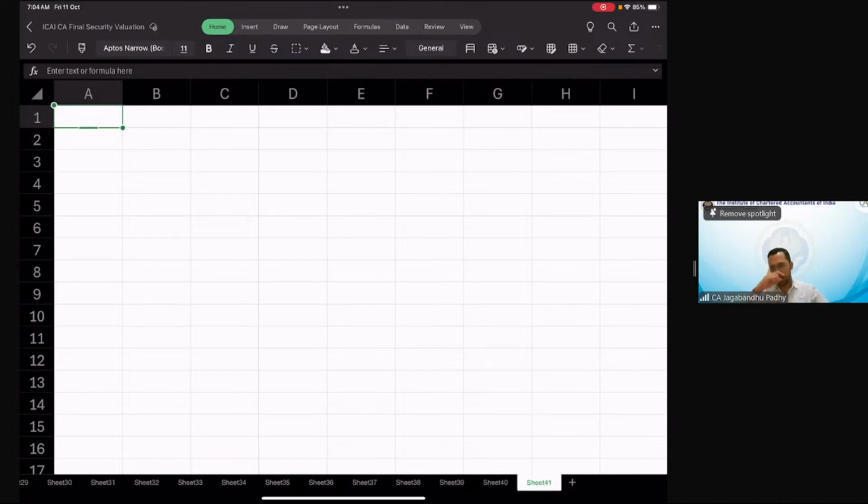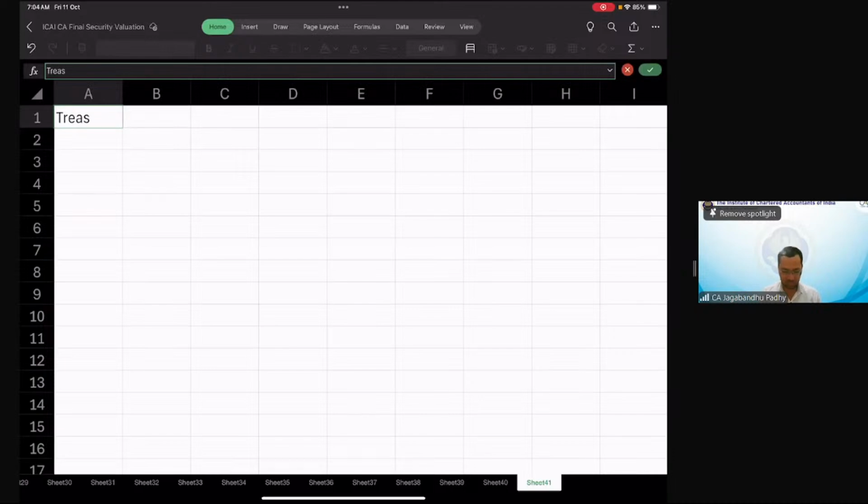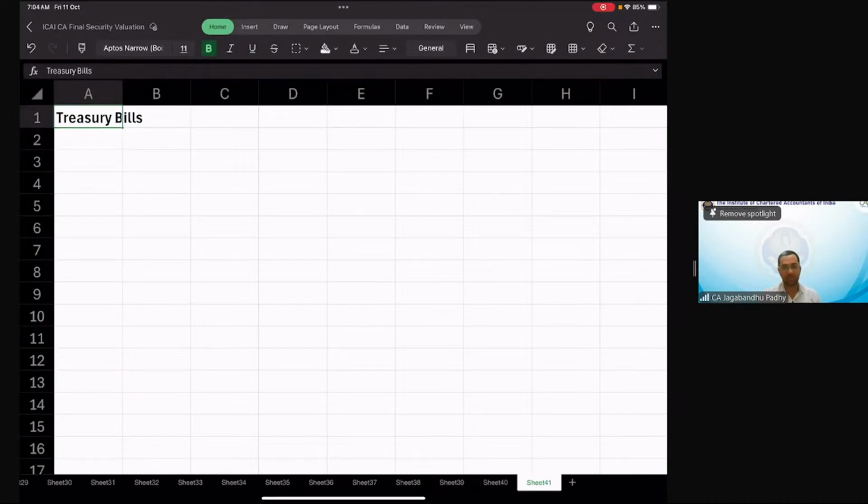Now, in the money market instruments, you might have heard something called as treasury bills, right? Treasury bills. Have you heard of this term, treasury bills? Yes.